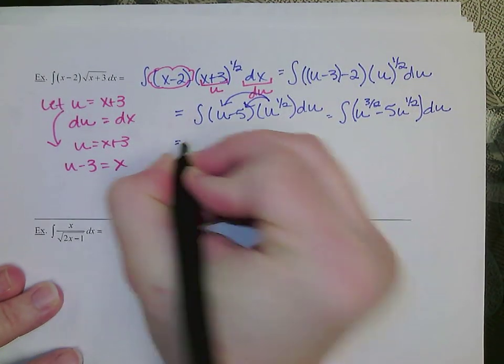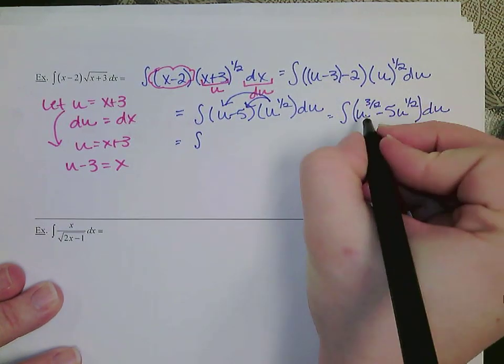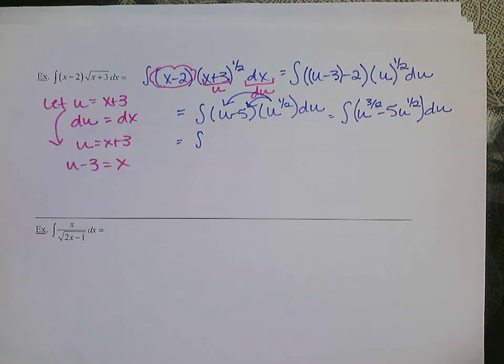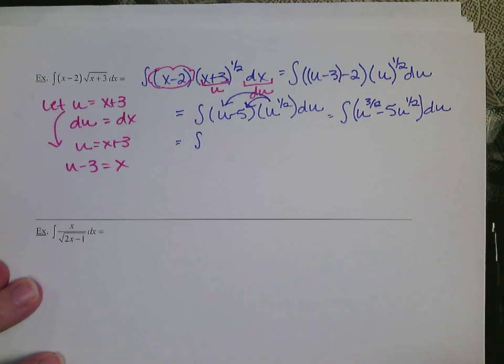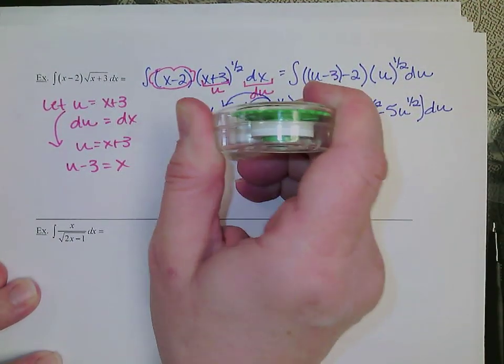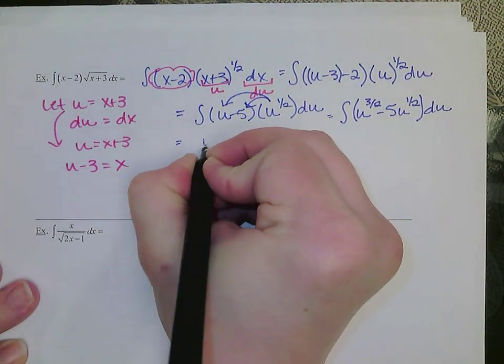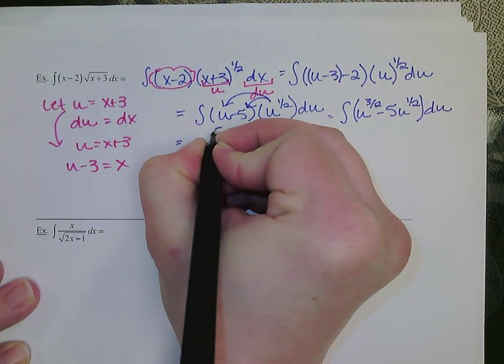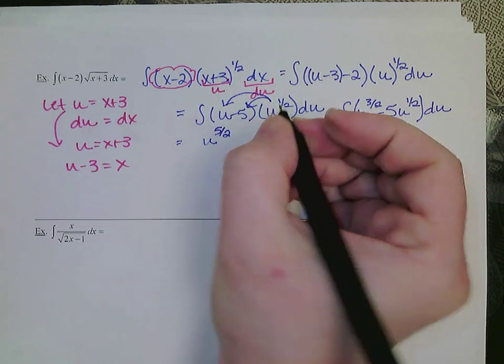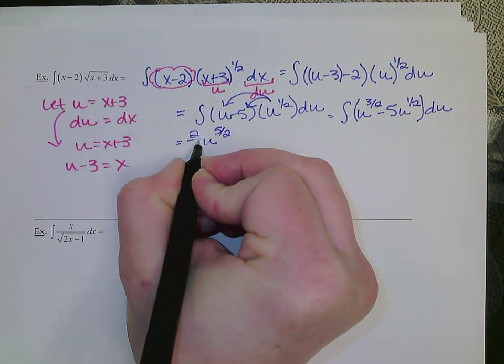So if I add 1, oh, I don't know why I put that integration sign. We're actually performing the operation, so we don't want to write the sign now. So I have u to the 3/2 plus 2/2 is 5/2, divided by 5/2 or multiplied times 2/5. You guys okay going straight to that step?